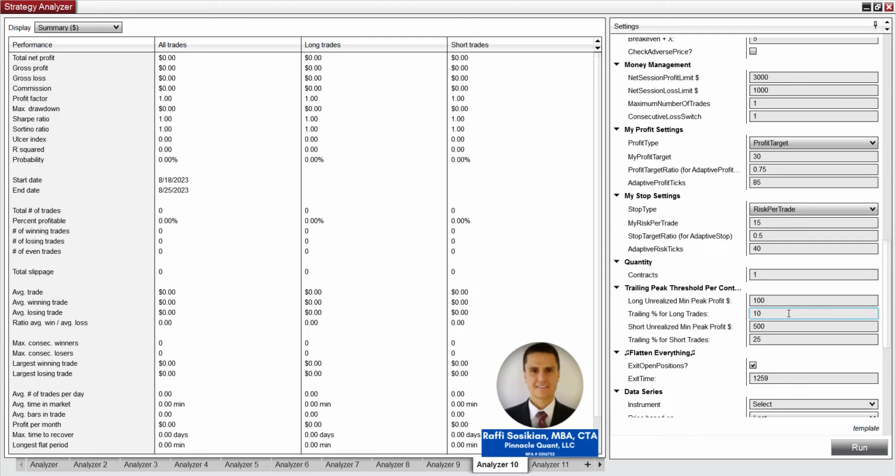Well, how are you going to determine the exact percentage that you have to be away from that unrealized peak price? You can't, because the native trailing stop for NinjaTrader works with ticks. So you can't predetermine how far it must be from the unrealized peak in terms of an actual percent away from that peak price.